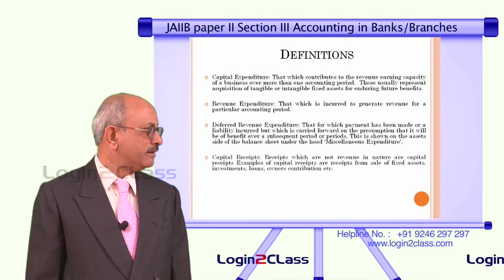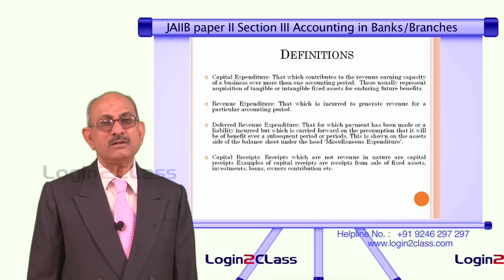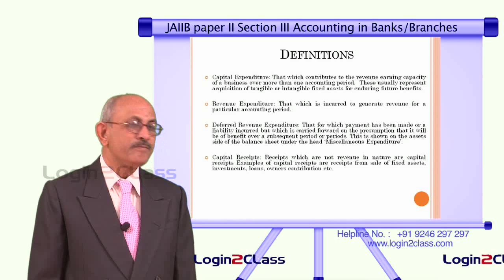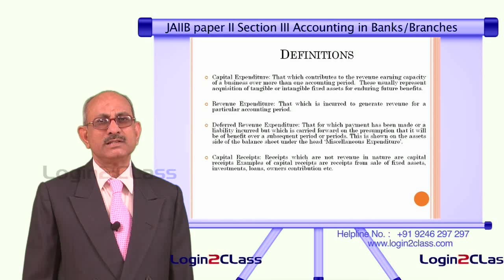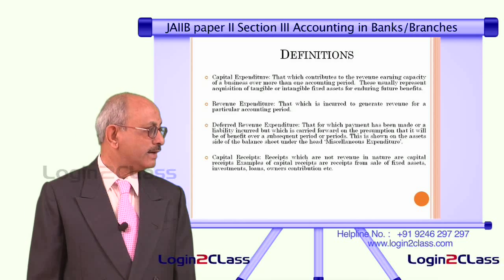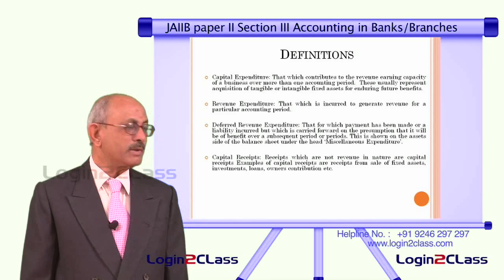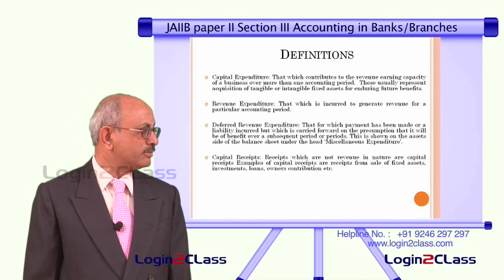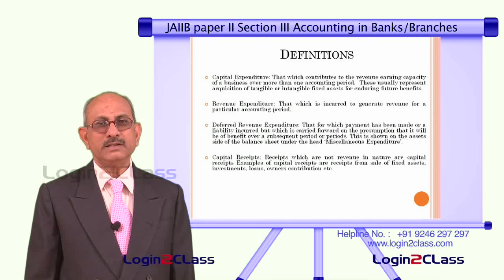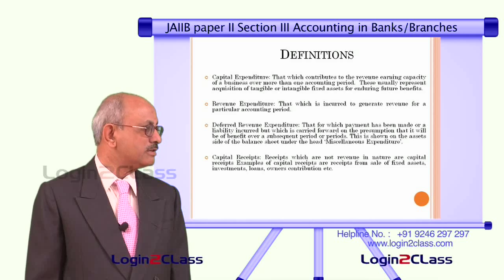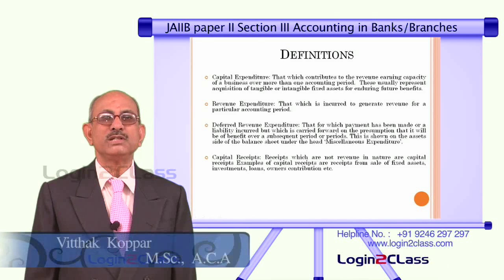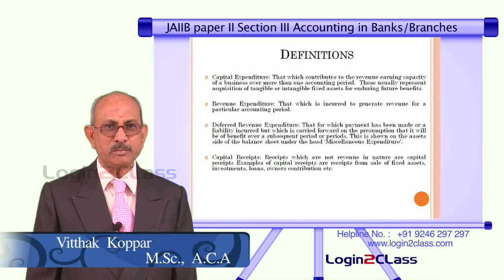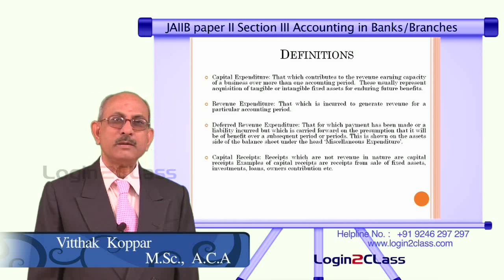Capital receipts can be defined as receipts which are not revenue in nature. That means all receipts which cannot be treated as capital receipts are treated as revenue receipts. Examples of capital receipts are receipts from sale of fixed assets, investment sales whenever we make them, loans, owners' contribution, etc. If you borrow from a bank, that is a capital receipt.